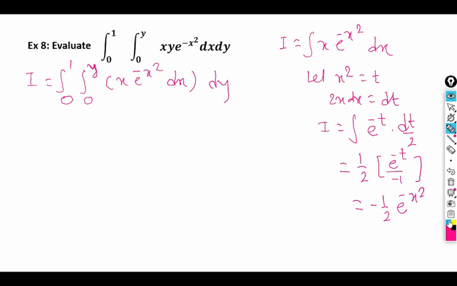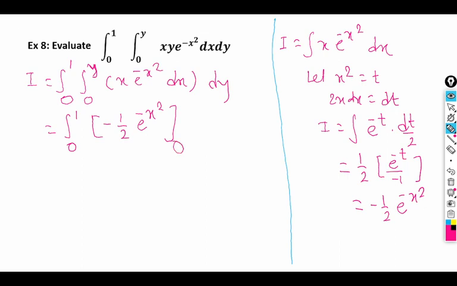Whatever we have done up to here is just side work that we require for the integration of this one, so we use it here. So integral of x e raised to minus x square is minus 1 by 2 e raised to minus x square with the limit 0 to y.